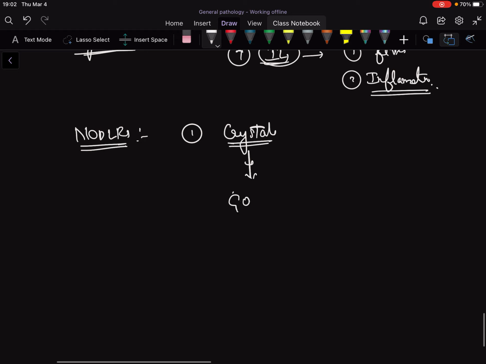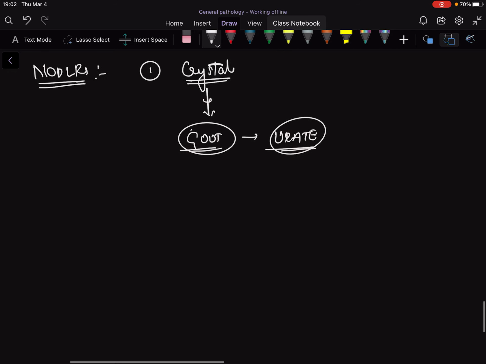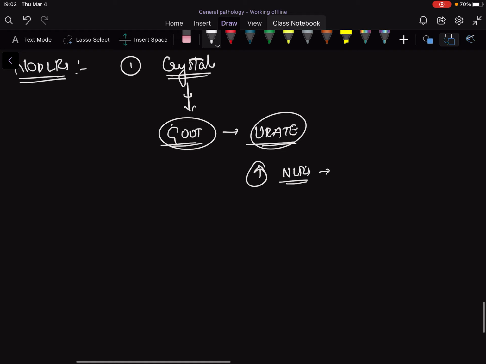In gout, you find urate crystals. These urate crystals increase the activity of NOD-like receptors, and there will be increased conversion of inactive interleukin 1 into active interleukin 1, and there will be fever and inflammation in the joints.